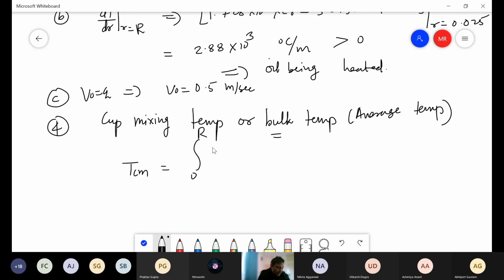What are the different variables I am having? I can have density changing, I can have specific heat changing.